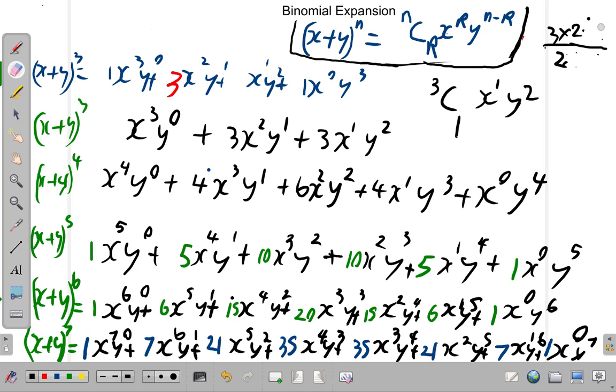And then we see 2 cancels 2 and 3 is left. So the number that would come here is 3. Now let's see if they match up. 3 is in front of the x to the 2, y to the 1. Good. This matches. 3 is in front of the x to the 1, y to the 2. Good. So this formula is working.